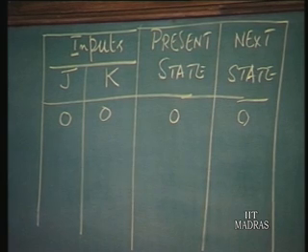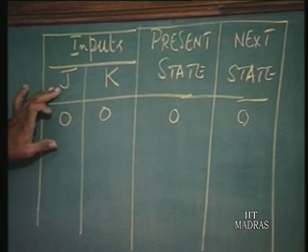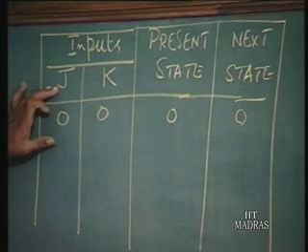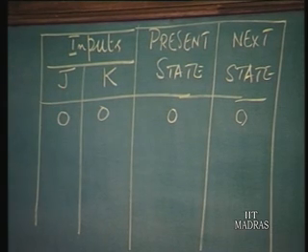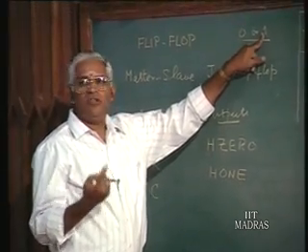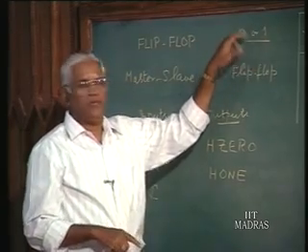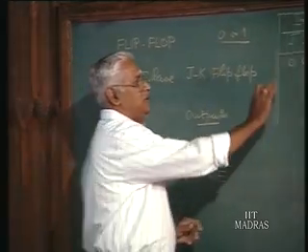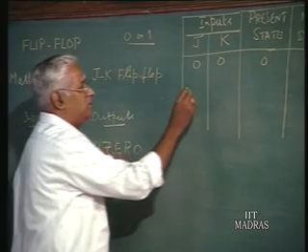Roughly you can take it that J is something like setting the output and K as resetting the output. But generally we use the word set to set the flip flop output to 1. We use the term reset to reset the flip flop output to 0. Set, reset. Good. Here we find that it says do nothing.